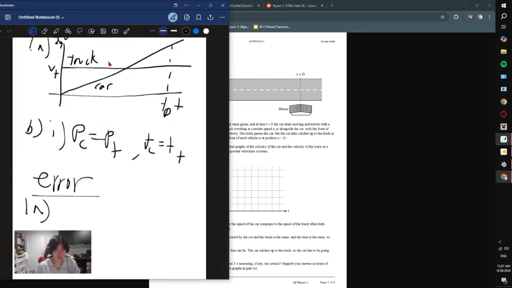Error for 1A. What I did was I drew the P versus T graph, even though it clearly stated V. It looks something like this, where this is the car and this is the truck. I integrated what they gave us, and this is what I got.